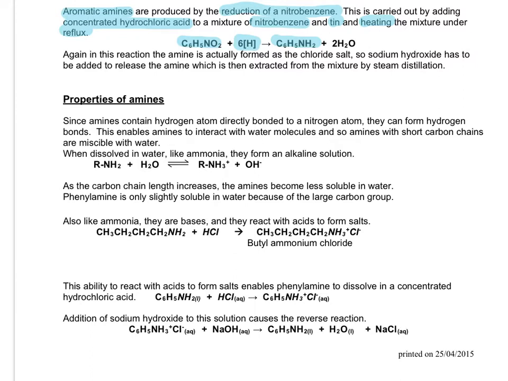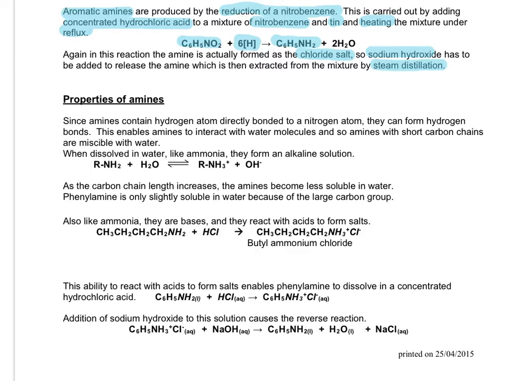Again here you actually make the chloride salt first, and then you have to add sodium hydroxide as well, and then you can extract the amine from the reaction mixture by something called steam distillation. So distillation is where you heat it up and then condense it, but that process only happens once, whereas in reflux, that evaporation and condensation is repeated.